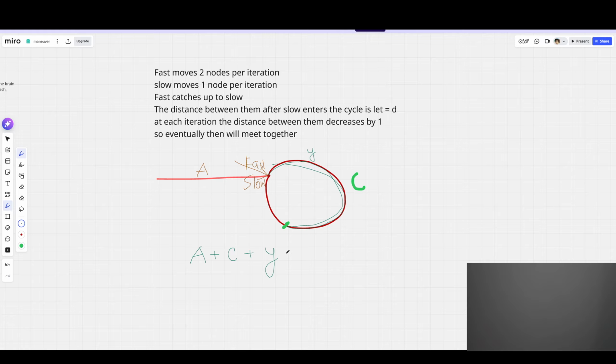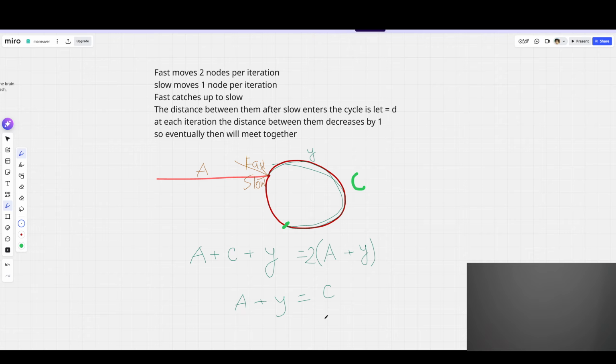The amount traveled by the slow pointer is A plus y. Since fast moves twice as much as slow, the distance covered by the fast one is twice the distance covered by the slow one.